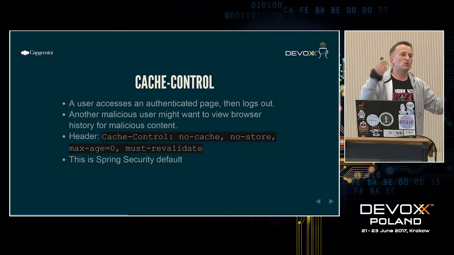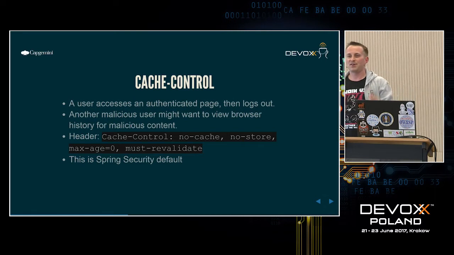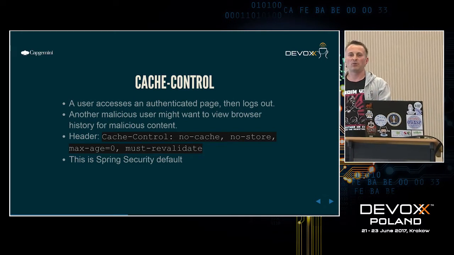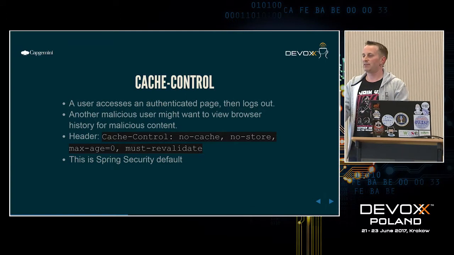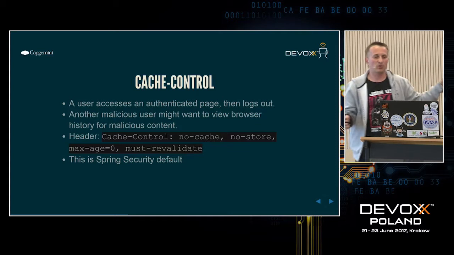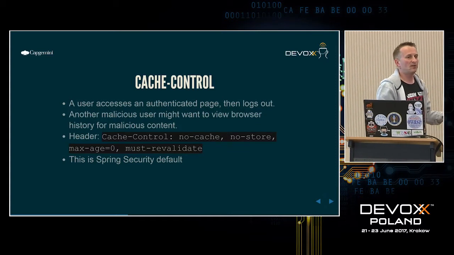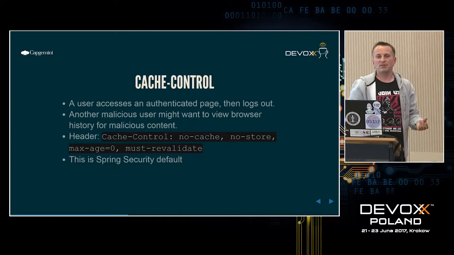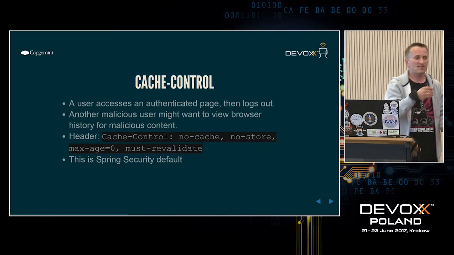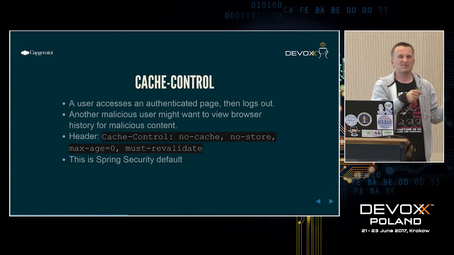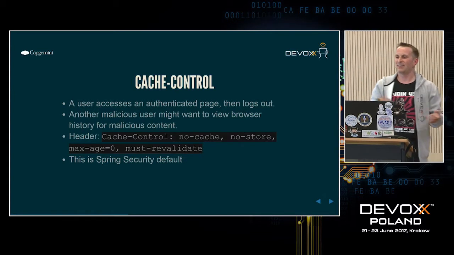Well, the users usually do not want their own data to remain in the browser after they log out. And with Cache-Control, if the cache is turned on, the data will remain. So the next person who accesses the browser, when they go back to the page, might see the sensitive user data that is revealed.